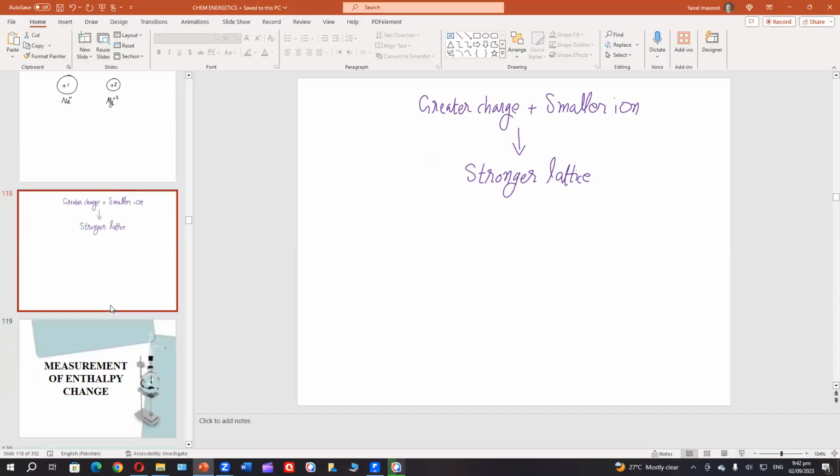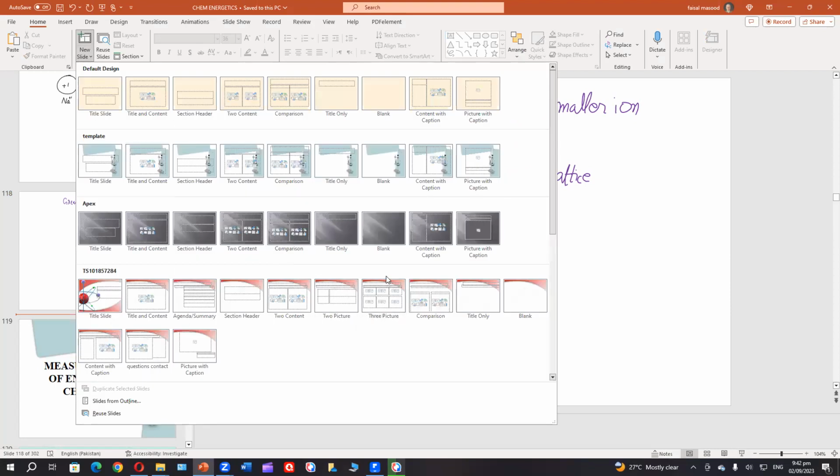Now we reverse it. Smaller charge plus greater ionic size gives you a weaker lattice.